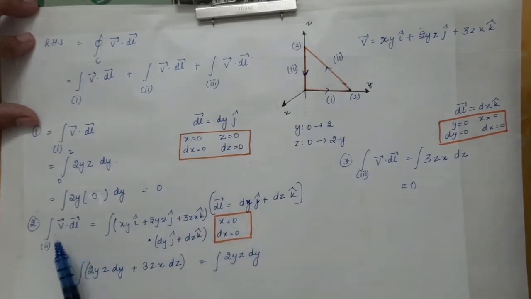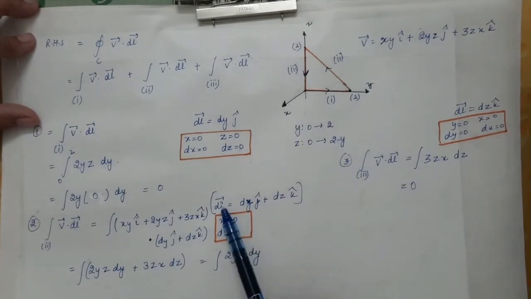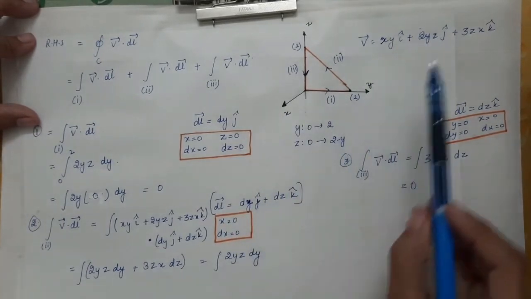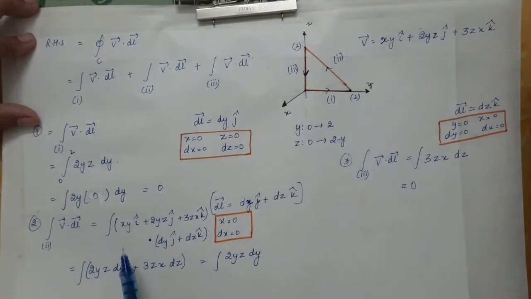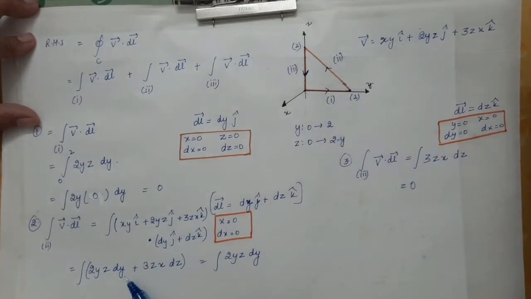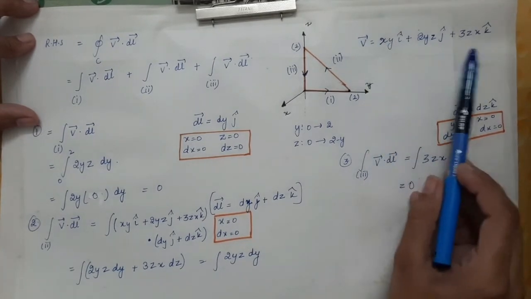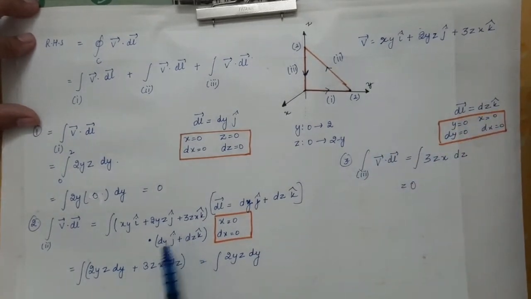So when you do the dot product of v vector with dl vector, you will get both the y and z components: 2yz dy plus 3zx dz, because dl vector has y and z components, and vector v has x, y and z components.